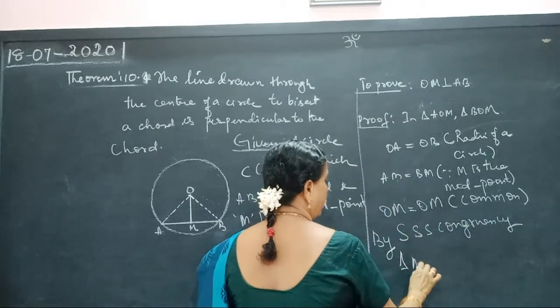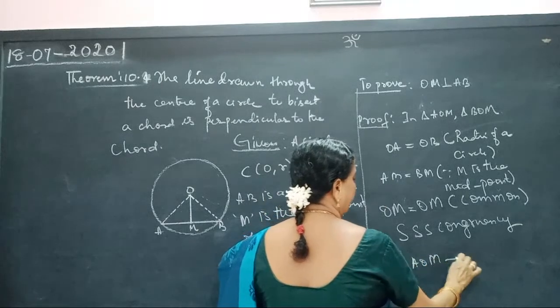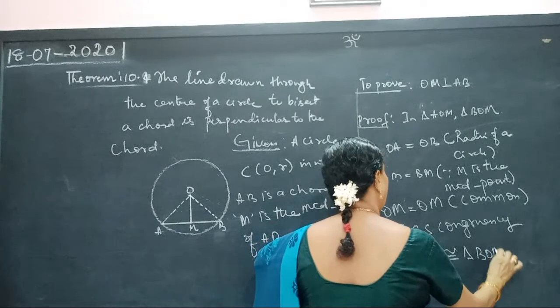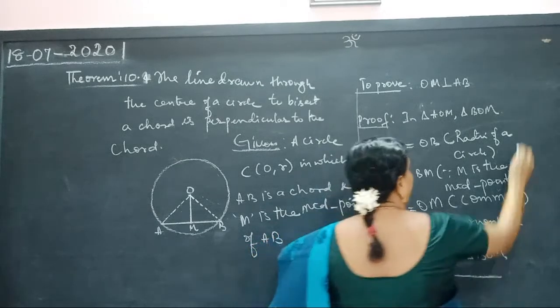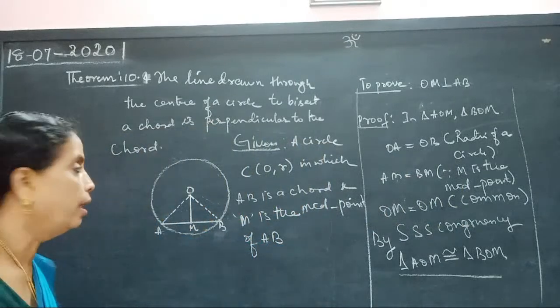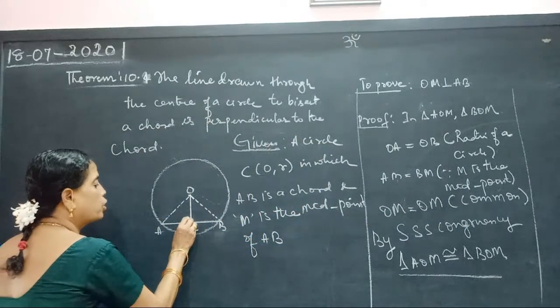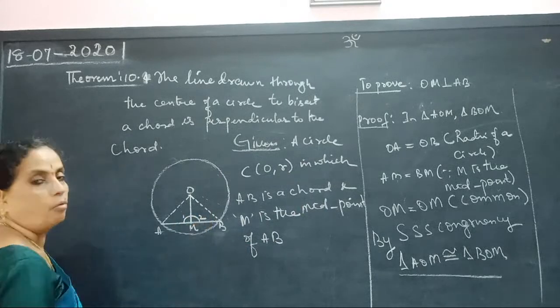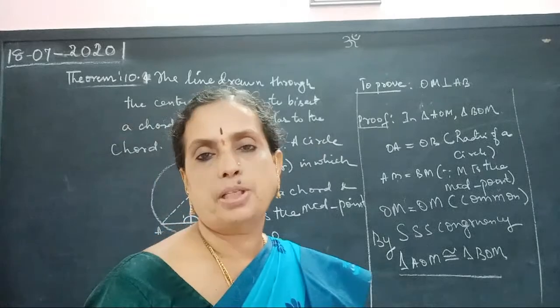Triangle AOM is congruent to triangle BOM. So when they are congruent, we consider these two angles, 1 and 2, are CPCT. 1 and 2 are CPCT.